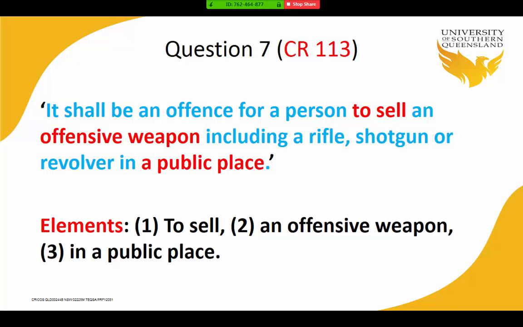Can you think of different uses for a flick knife compared to what? A safety knife? Yeah, a safety knife, but also what we are talking about as a rifle. They're giving you examples in the offense. So go back to those canons that we talked about. Noscitur a sociis, and ejusdem generis. It says offensive weapon, including examples: a rifle, shotgun, or revolver.